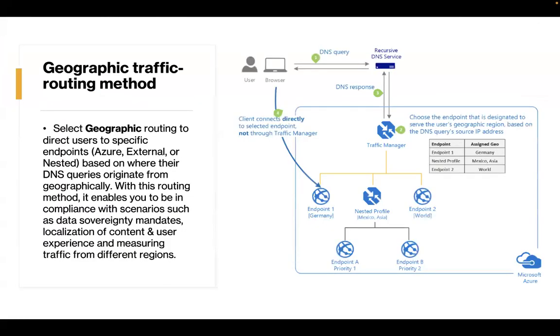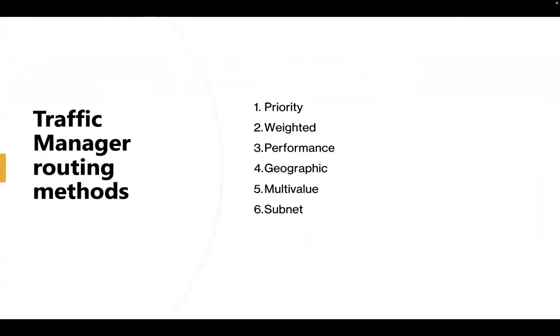Okay. These are important: priority, weighted, performance, geography, multi-value, and subnet. You should have some knowledge. You should at least be able to say, okay, these are there. These are the most configured ones. I have seen people configuring these, and we were using performance.